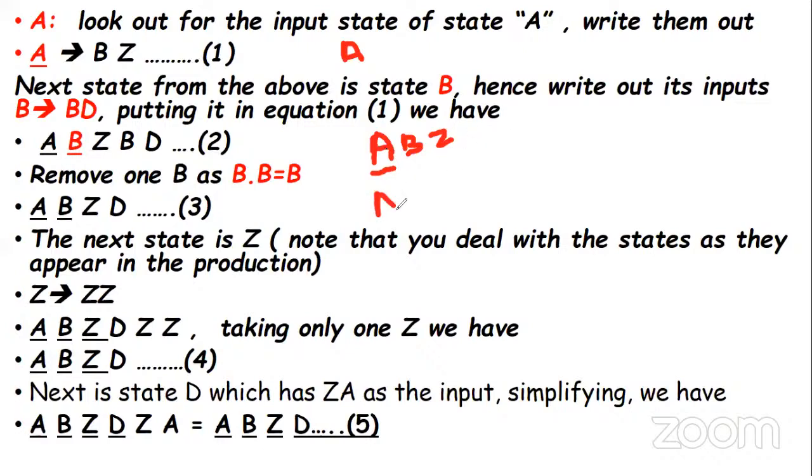So the next one is what? A, you are done with this. Then the next one, according to hierarchy, is B, right? So you put on B. What is the input combination for B on the table? Can you look at the table and tell us?